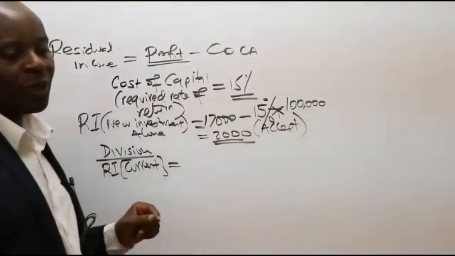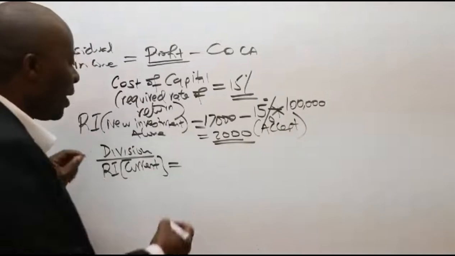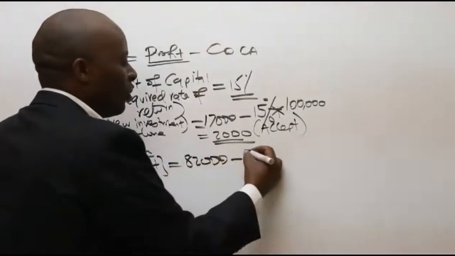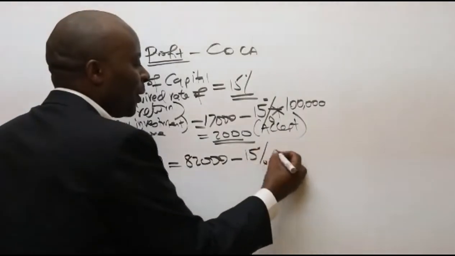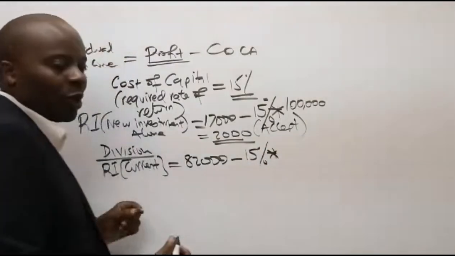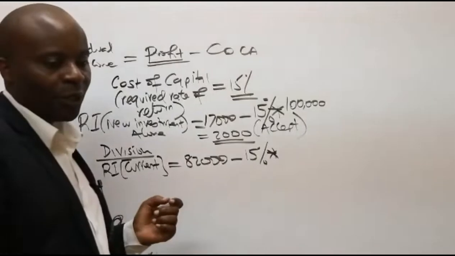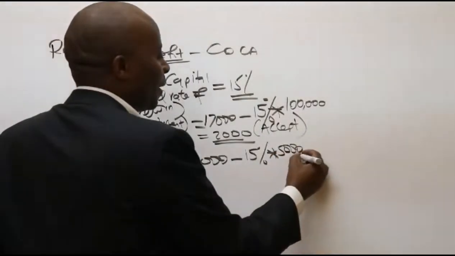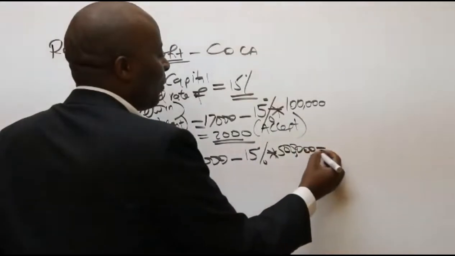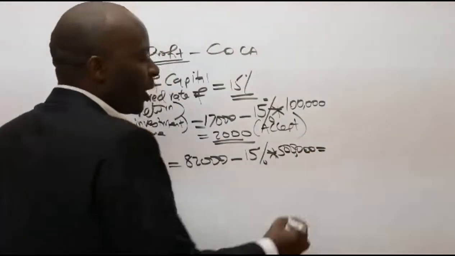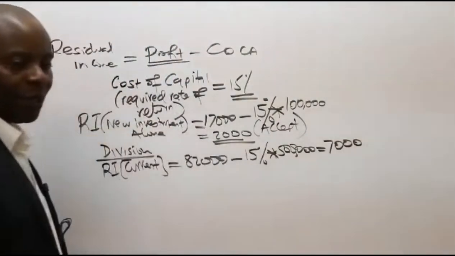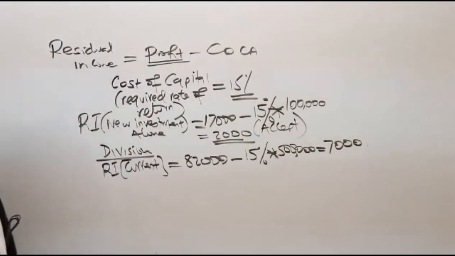It is 82,000 minus 15% times the total investment of 500,000, which gives a residual income of 7,000.